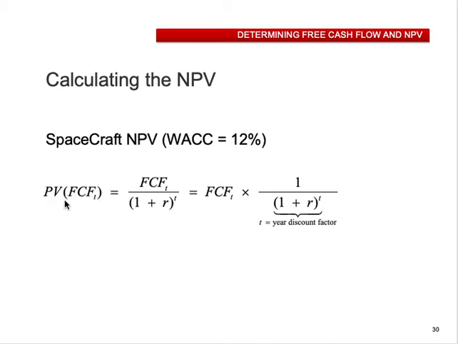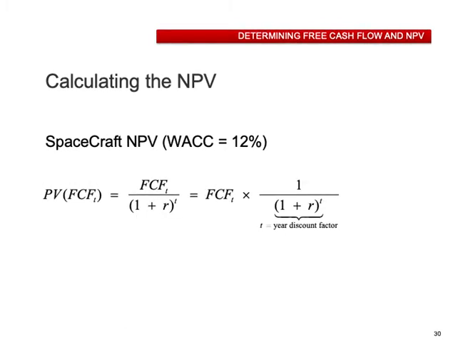The equation to calculate the present value of the cash flows is the cash flow divided by 1 plus R, and R stands for the cost of capital. The cost of capital for the space agency related to the spacecraft project is 12%. So to go from free cash flow divided by 1 plus R, we need to identify all the relevant cash flows, and we need to discount them by the cost of capital.